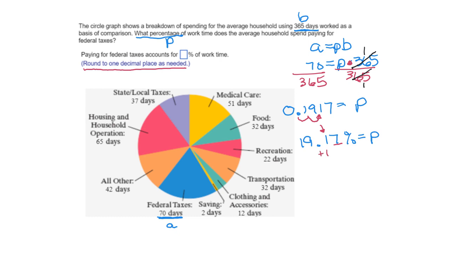So I will add my 1 there. And when I do so, this is now giving me 19.2. And I write my percent symbol on there. And this is my P, the what percent that we were looking for.